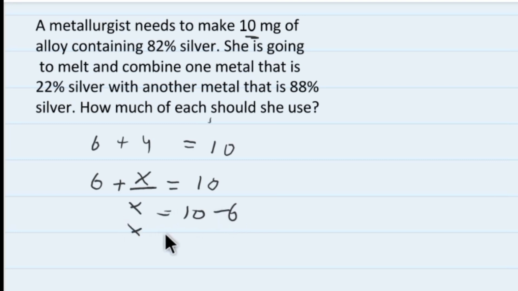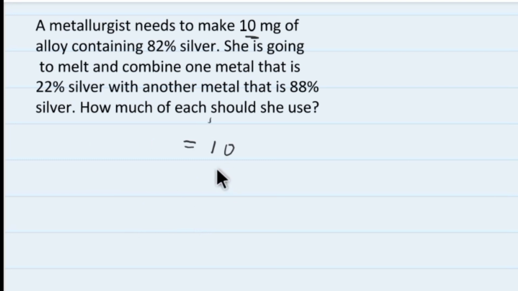So x is equal to 10 minus 6, which is equal to 4. Now I need 10 milligrams of alloy, and it contains two metals. If I suppose one metal is x, then what would be the other metal? Similarly, I will subtract x from 10 to get the other metal, that is 10 minus x.